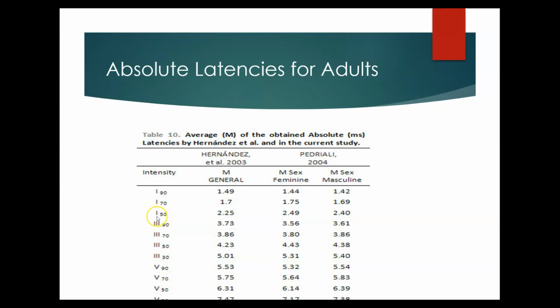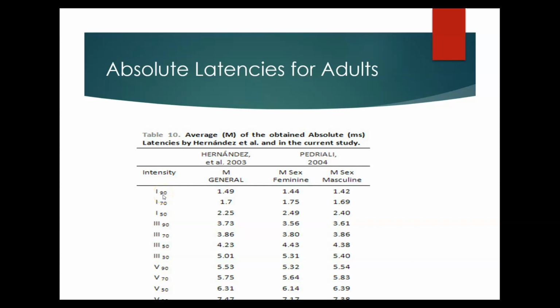Generally, wave 1 disappears around 50 decibels, so we can't really look at it. But you'll notice that the softer the intensity, or the lower the intensity, the greater the time it takes for us to observe the waveform.